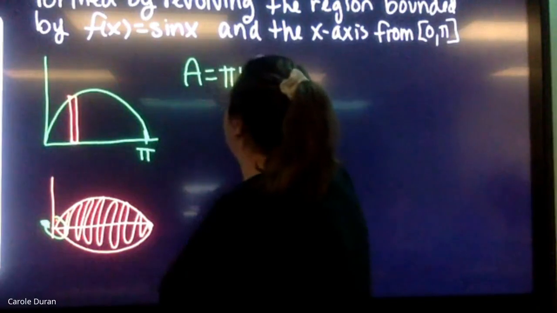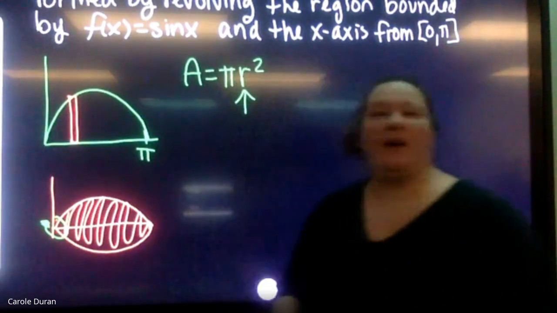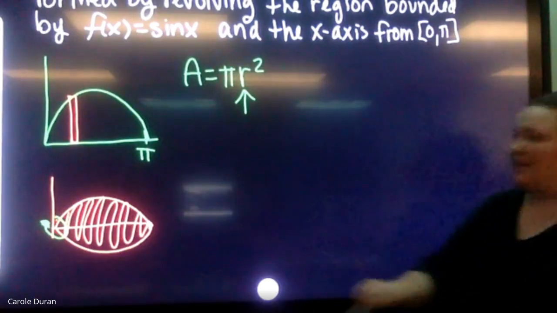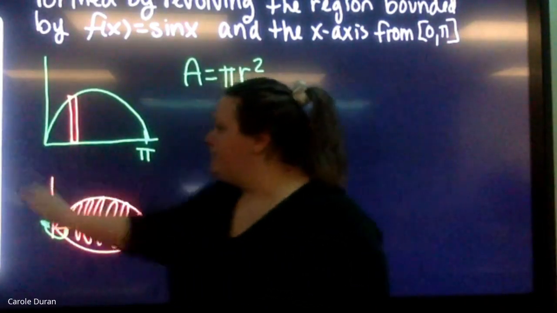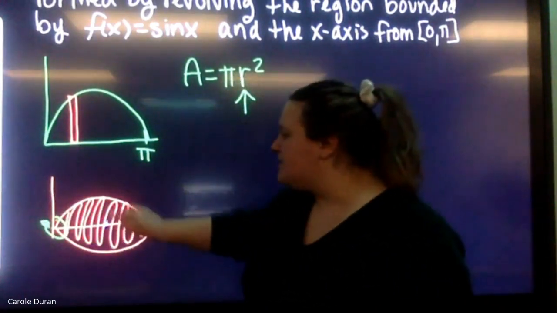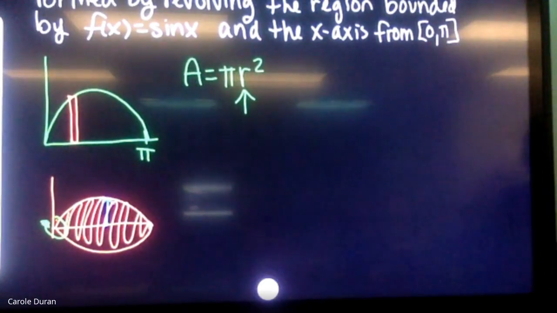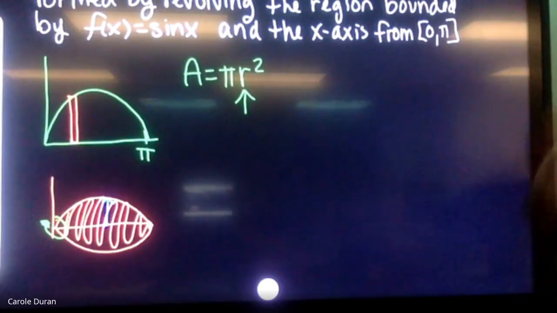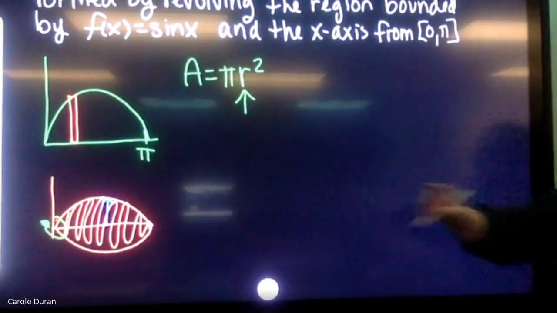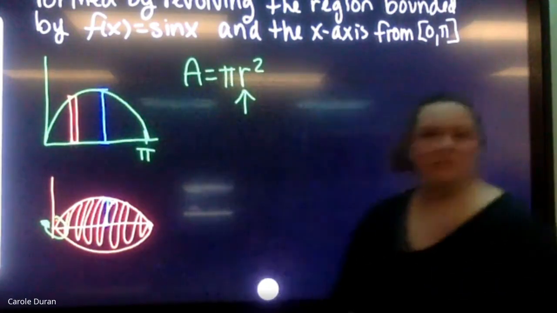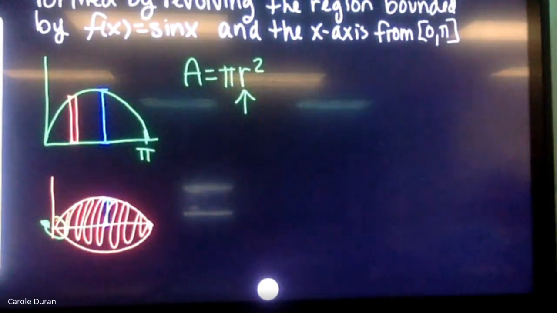So to integrate this, I have to figure out what my r is in terms of x. My radius for this football shape is the distance from my x-axis to the outside of my graph, and it changes for each x value.